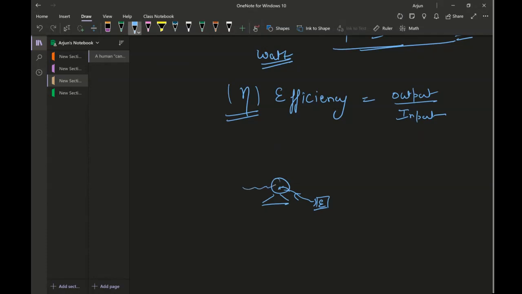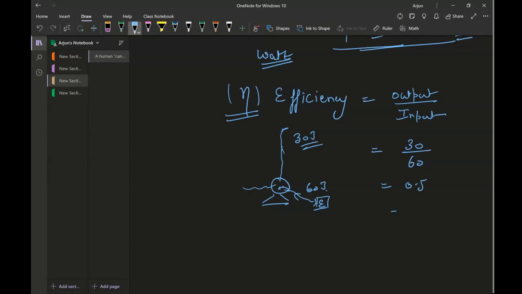Then this motor is used to lift water to a certain height. Let's say the output power is 30 joules and the input power is 60 joules. So what is the efficiency? Efficiency will be 30 divided by 60, that is 0.5.